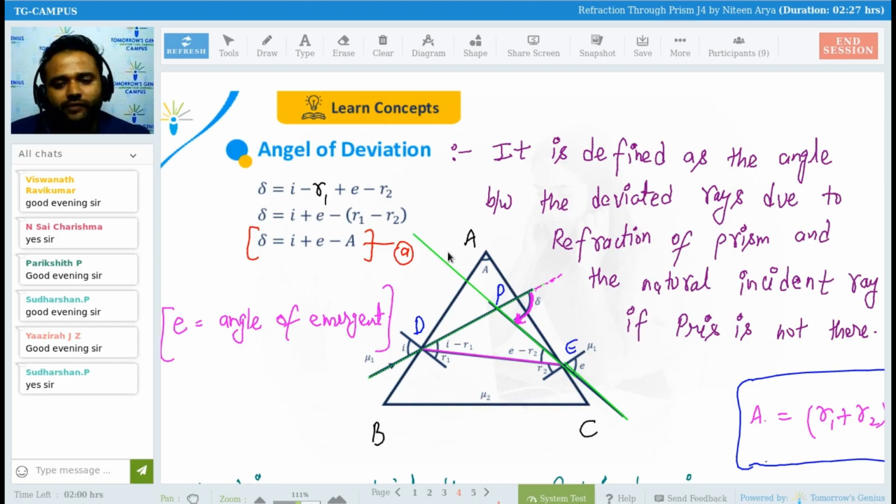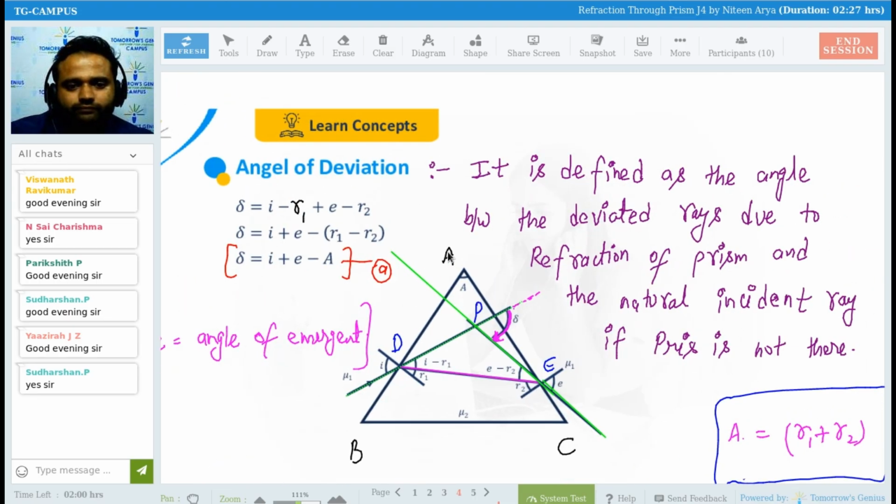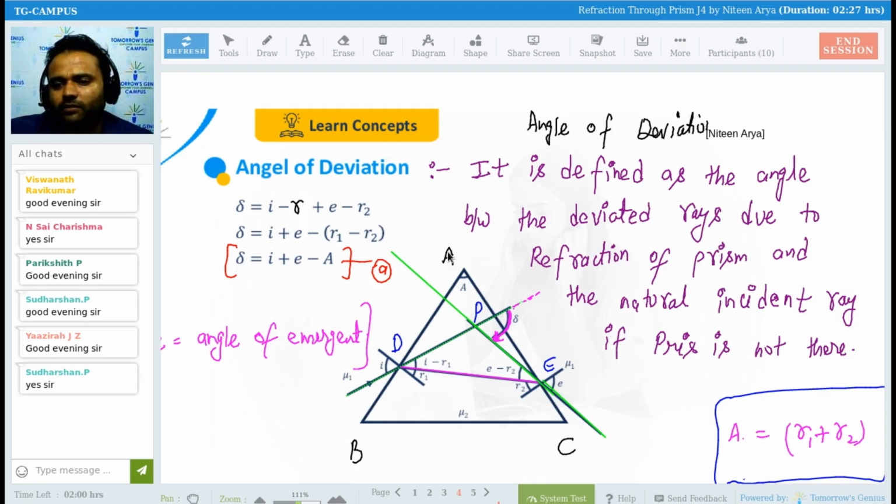In the same sense, what is the angle of deviation? Angle of deviation, simply this is the symbol and this is your angle of deviation.